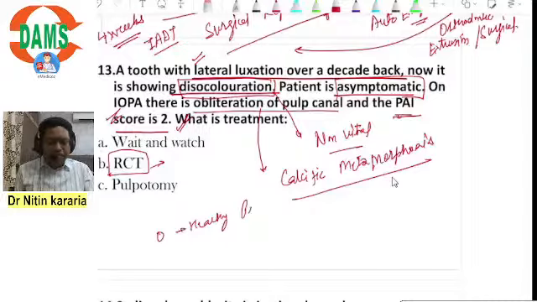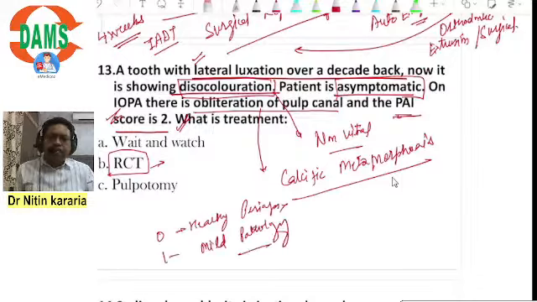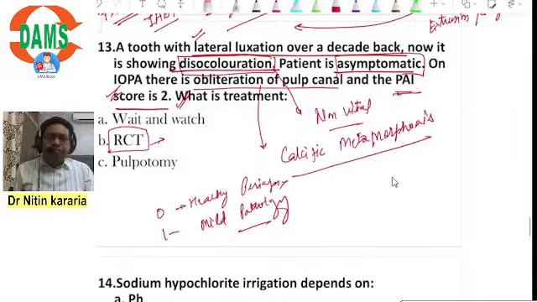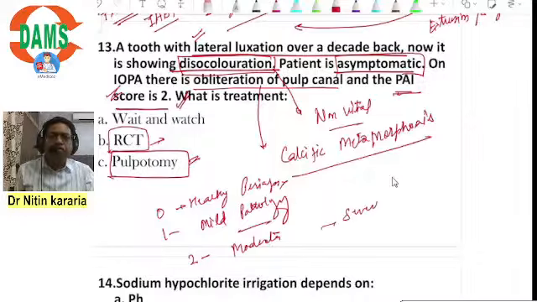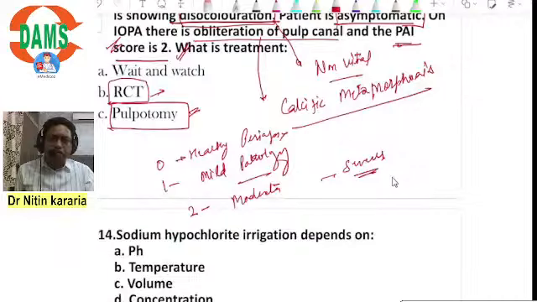Score of 1 is mild pathology. So we have to simply treat it in the coronal part, followed by some form of restoration, aesthetic treatment for the discoloration. If the periapical index score is moderate to severe, then we need to do surgical intervention for such a tooth.